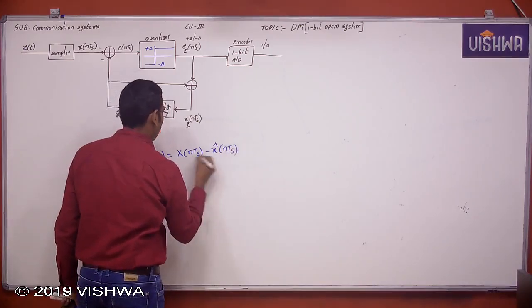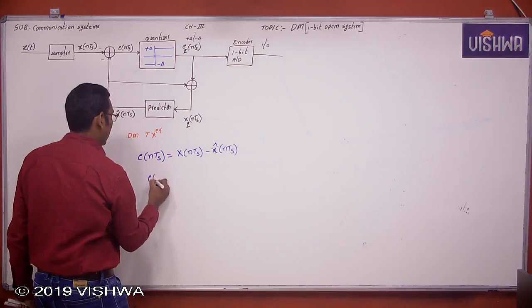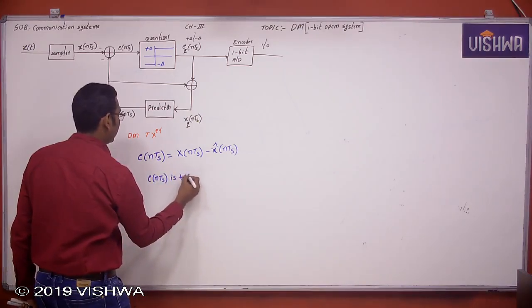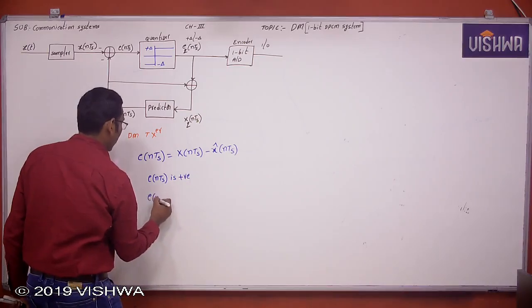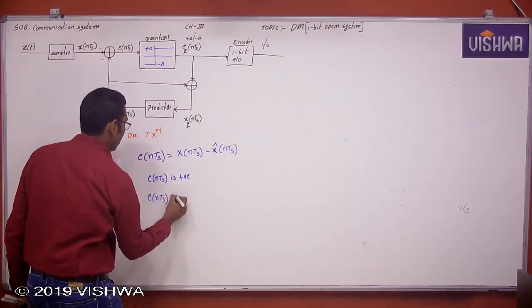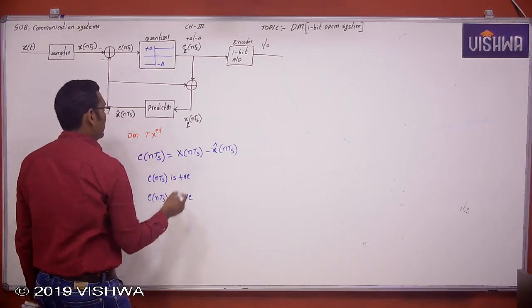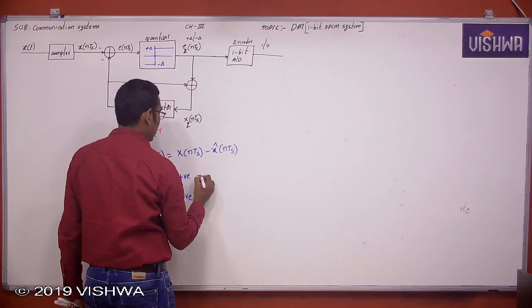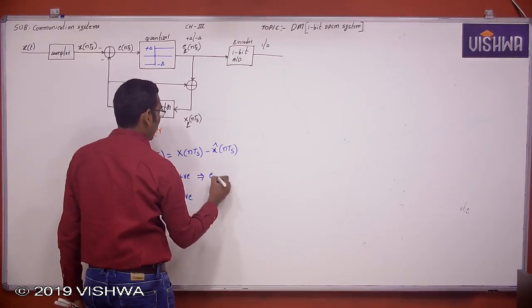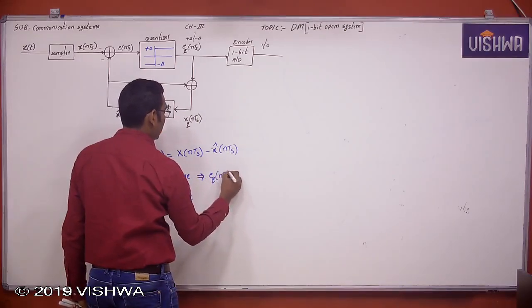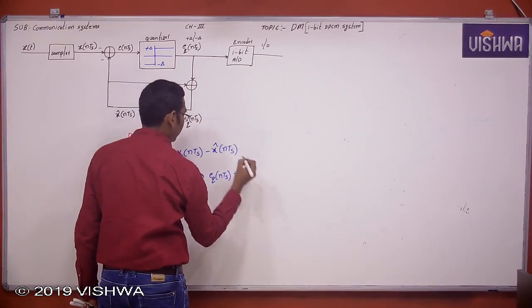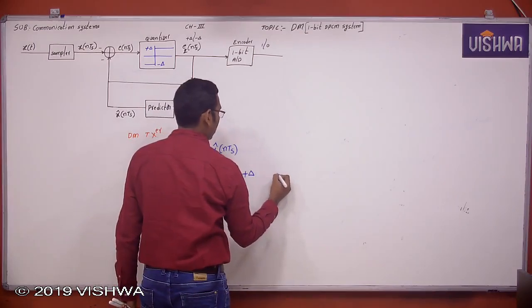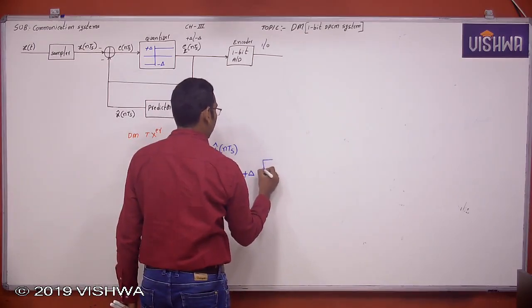If this difference e of nTs is positive, it is quantized as eq of nTs as plus delta, and it is encoded as increasing the delta value, right?